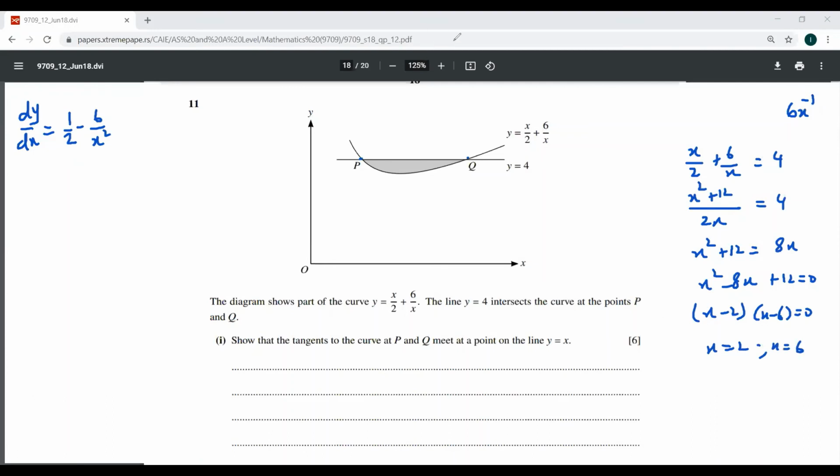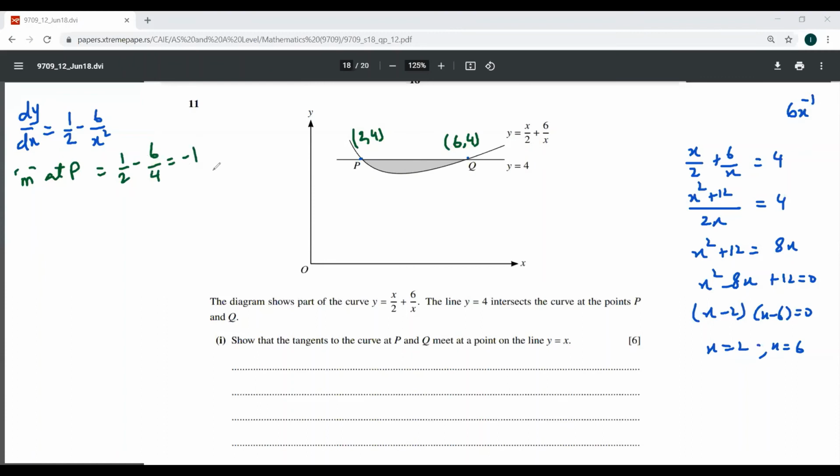That means this point P is (2, 4) and this point Q is (6, 4). So we have got the dy by dx. So m at P, we'll put x as 2: 1 over 2 minus 6 over 4, that is 1 over 2 minus 3 over 2.